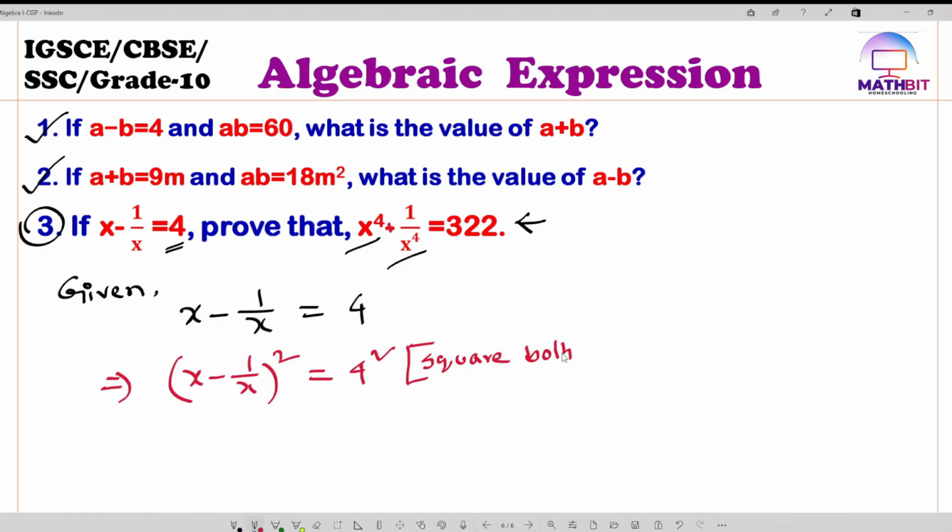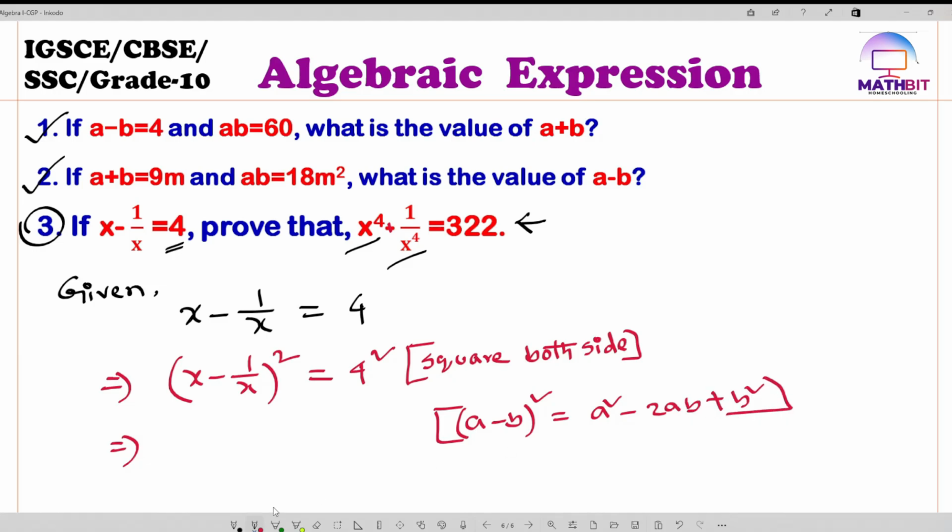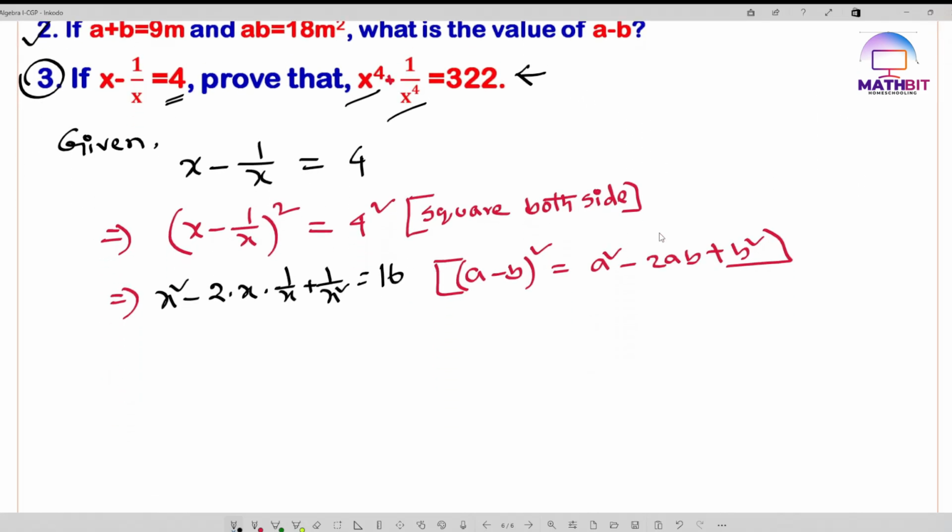Now as per the a minus b whole square theory, a square minus 2ab plus b square, we can implement here: x square minus 2 times x times 1 by x plus 1 by x square equals 16, right?